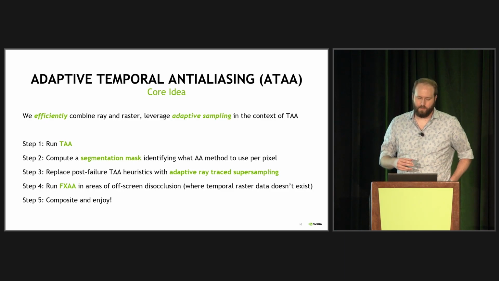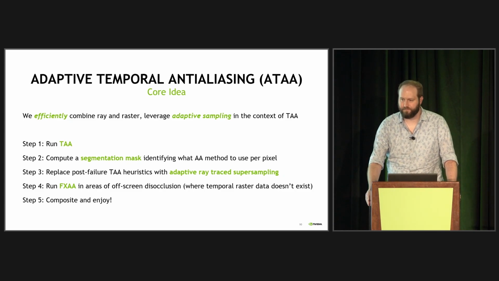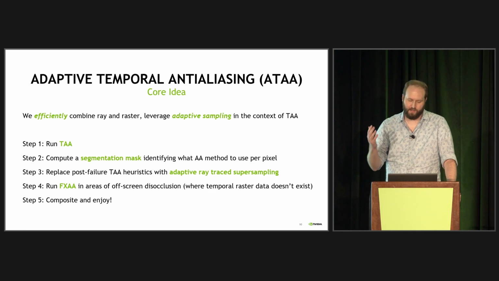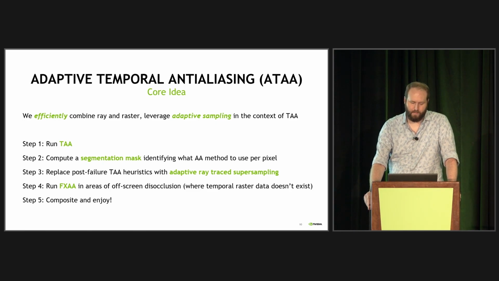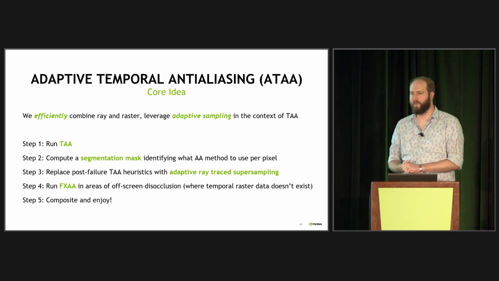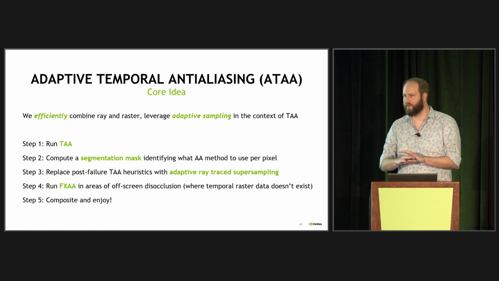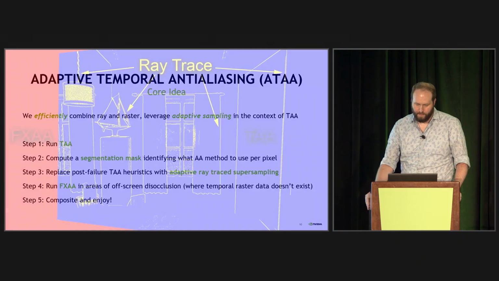And then we replace the typical heuristics that they use in temporal anti-aliasing to try to overcome the blurring and ghosting with adaptive ray tracing. So we choose the rays and we put them where they need to be. And then as an additional minor thing, we will run FXAA on some other regions, composite all of those results into a final image, and you're done.